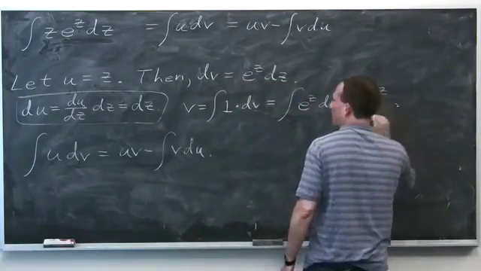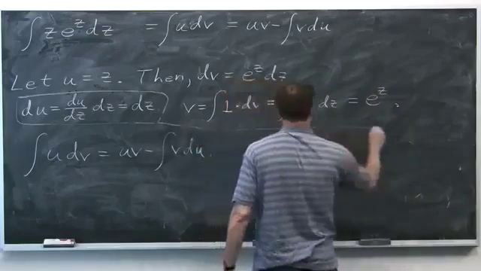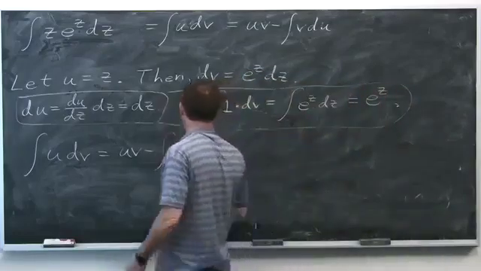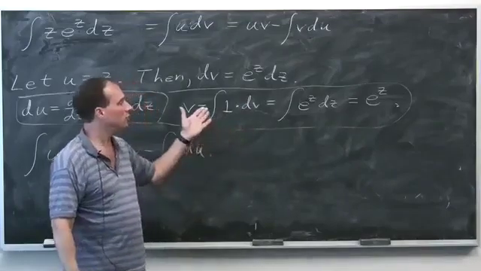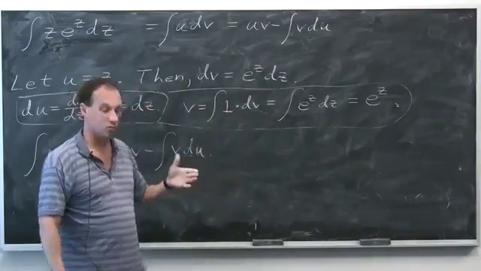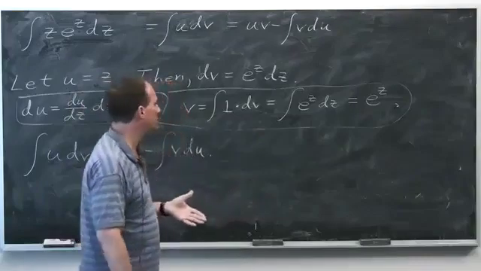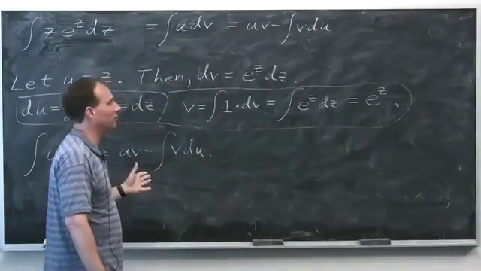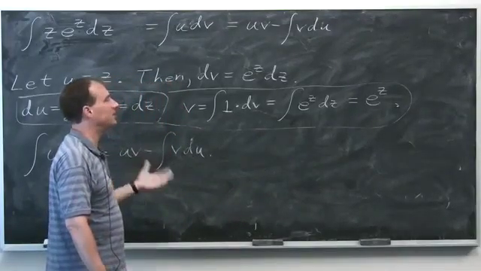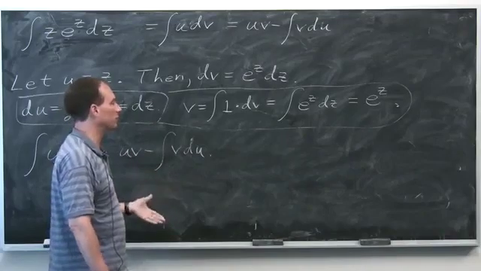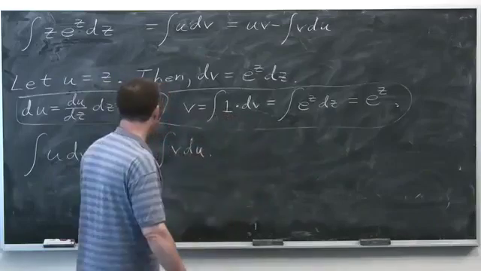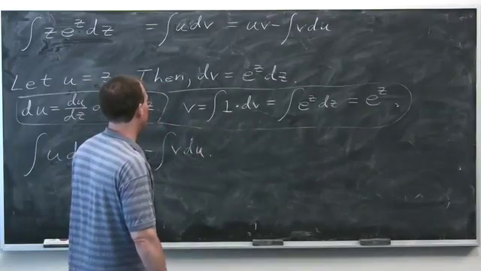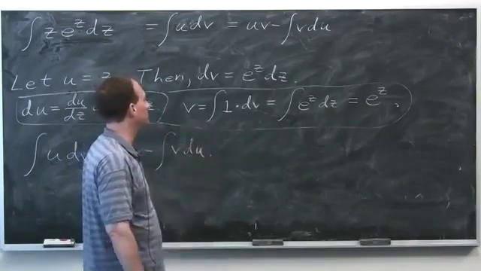And here's something that happens in integration by parts. When you calculate v as the integral of dv, you don't usually put the plus c. It isn't wrong to put it in there, and there are some rare occasions where it's helpful to put in the right constant. But we need some v that works. We don't need the most general v. So it's extremely unusual to put a plus c on your calculation of v in integration by parts. So we'll just use v equals e to the z.